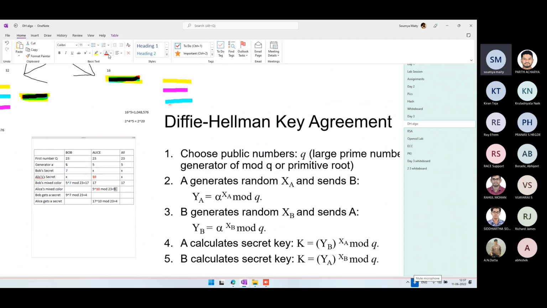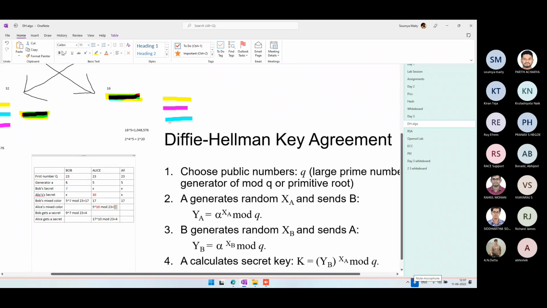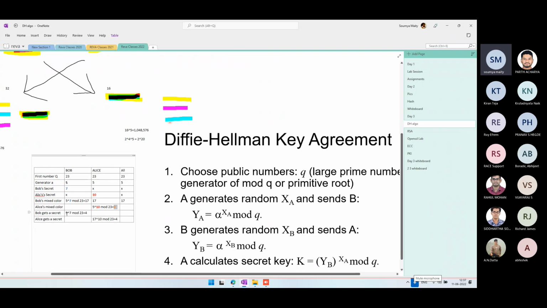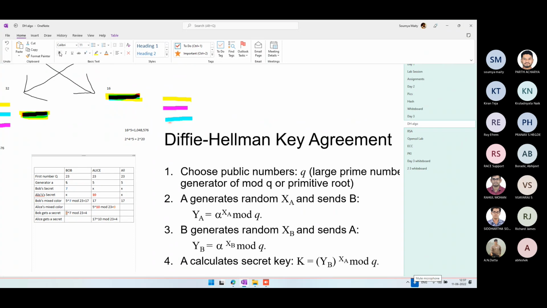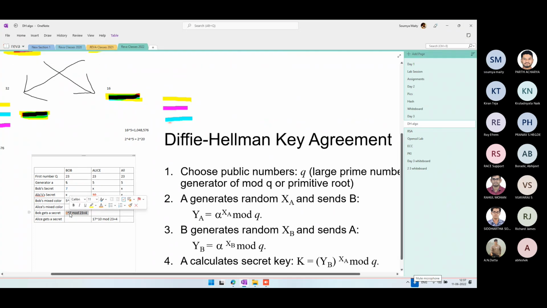Let's take the mixed color here, maybe orange. This 9 is used here. This 7.